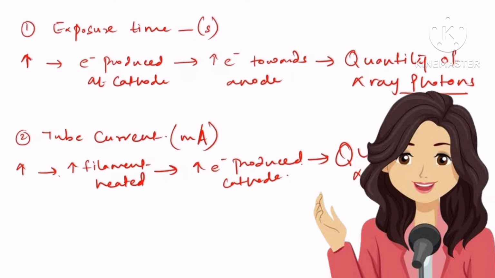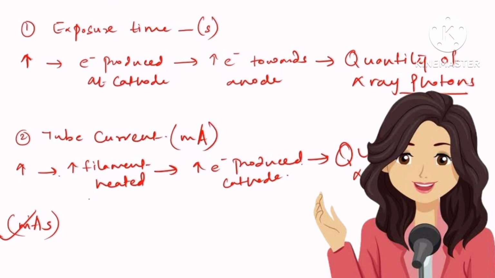All right. Now, in your NEET exam, what they ask is what the quantity of X-ray photons depends on. Example options: MA, that is tube current, exposure time, both, or KVP, that is voltage. If they have given MAS as one of the options, then you will mark MAS as the correct option, which is exposure time and tube current.